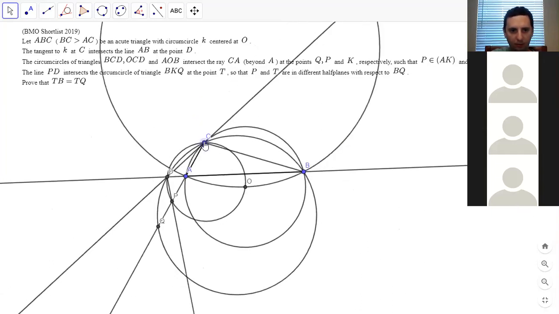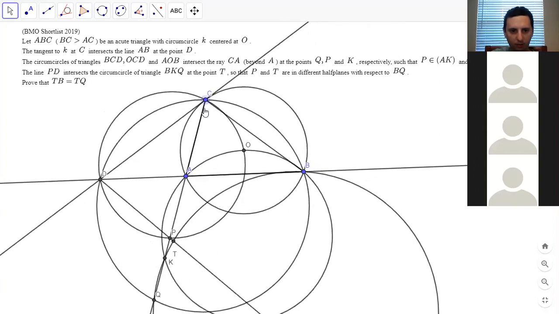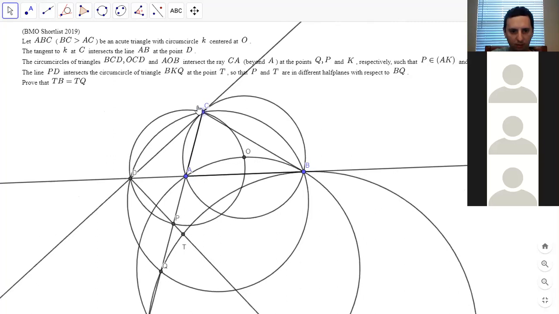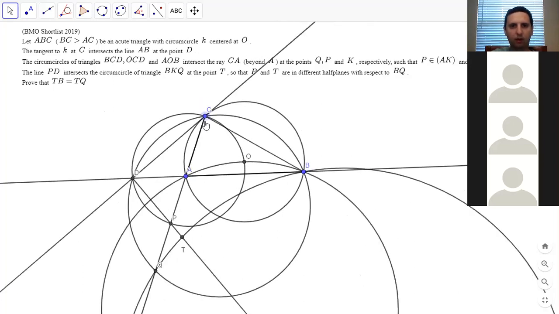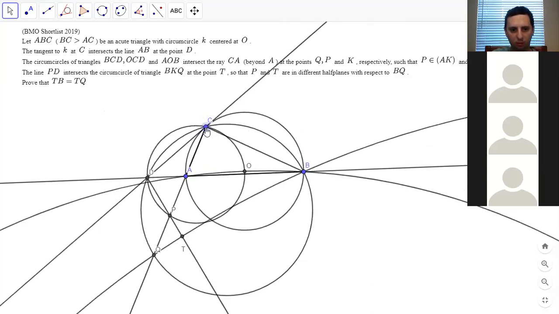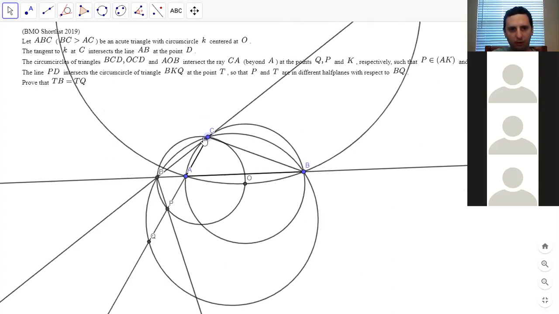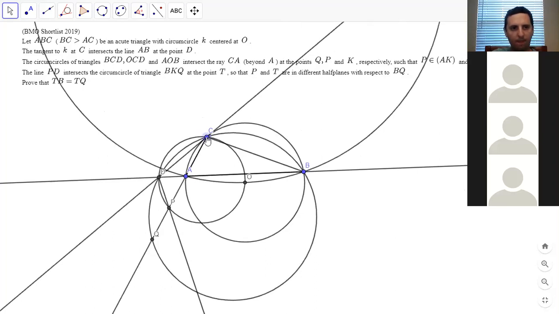Oh, I think maybe they want it to be like this or something. Yeah, it's hard to make P and T on opposite sides of BQ. What if I draw it more like this? So the circumcircles of BCD, OCD, AOB.